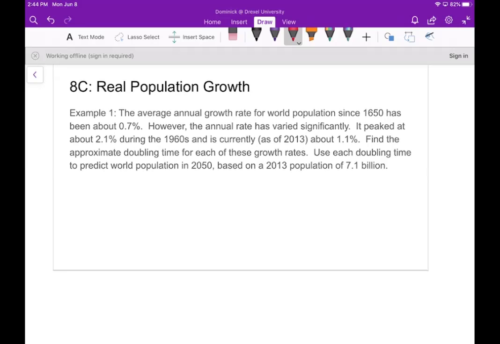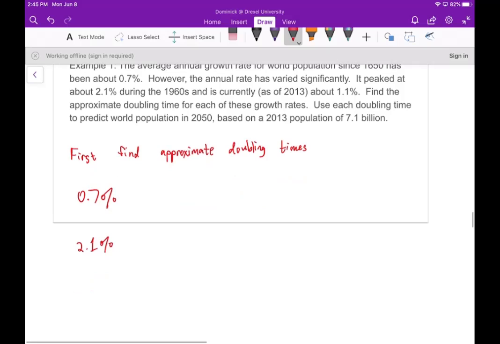So first we need to find all of these approximate doubling times. So we have 0.7%, we have 2.1%, and we also have 1.1%.